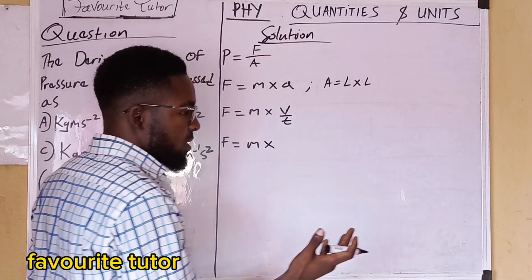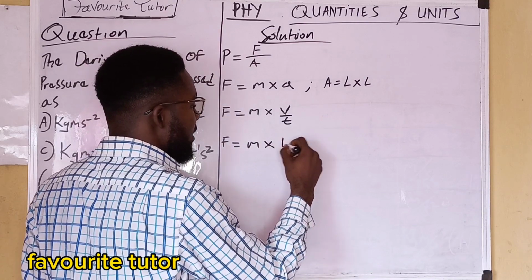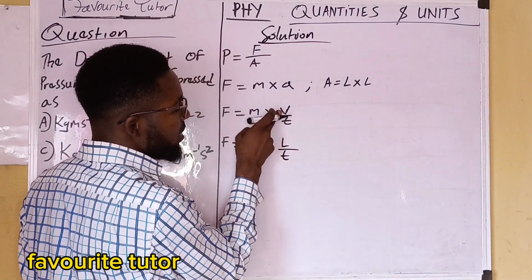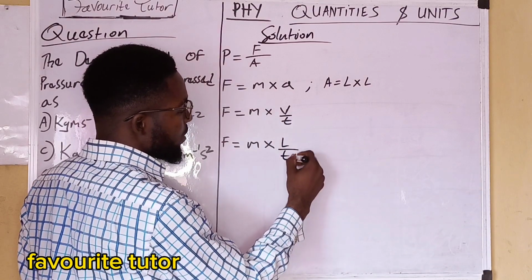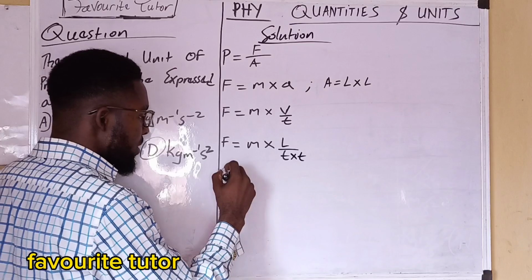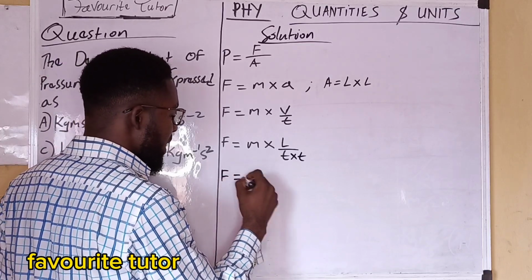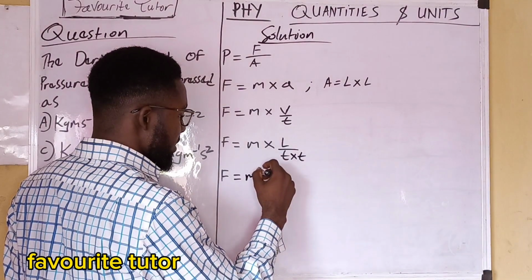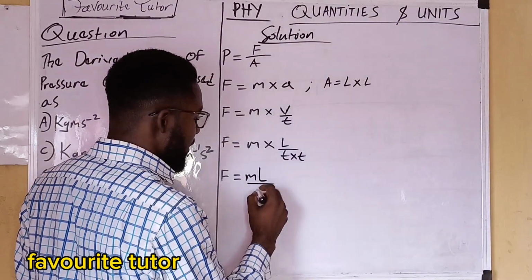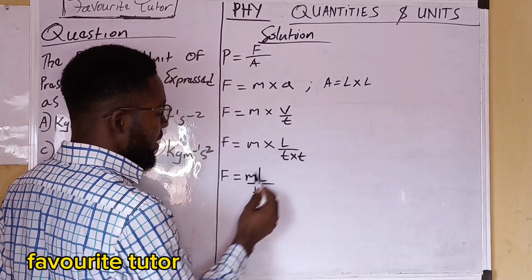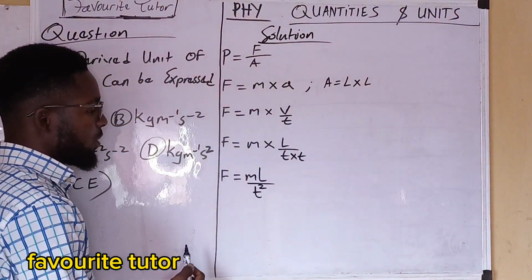Displacement, extent of space, still means length over time. For velocity, then time also. So therefore for force, what do we have? We have mass, length over time square.